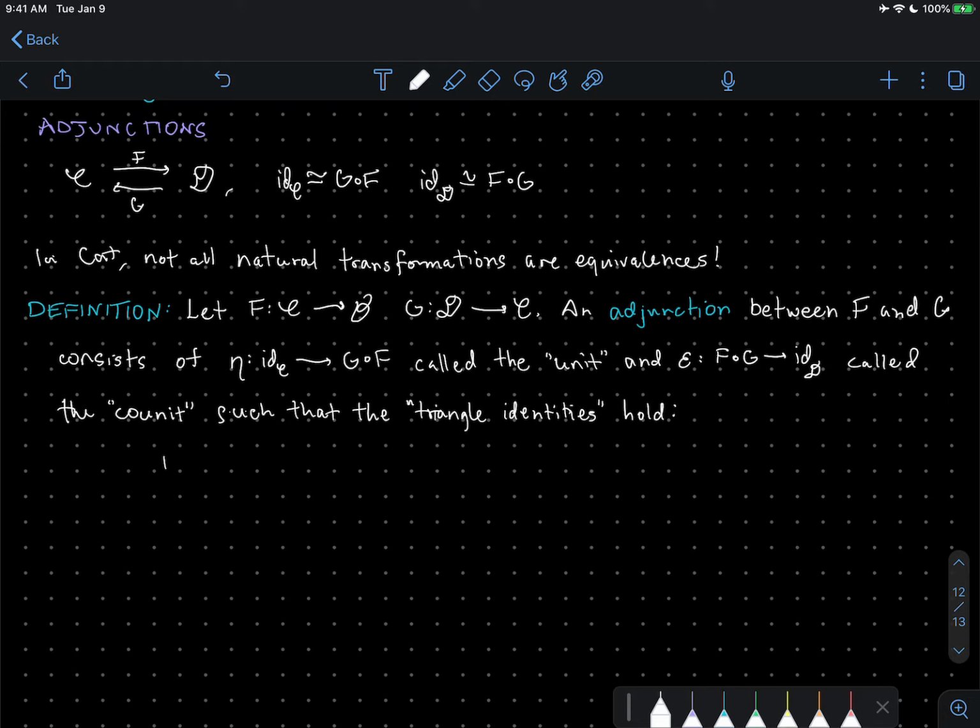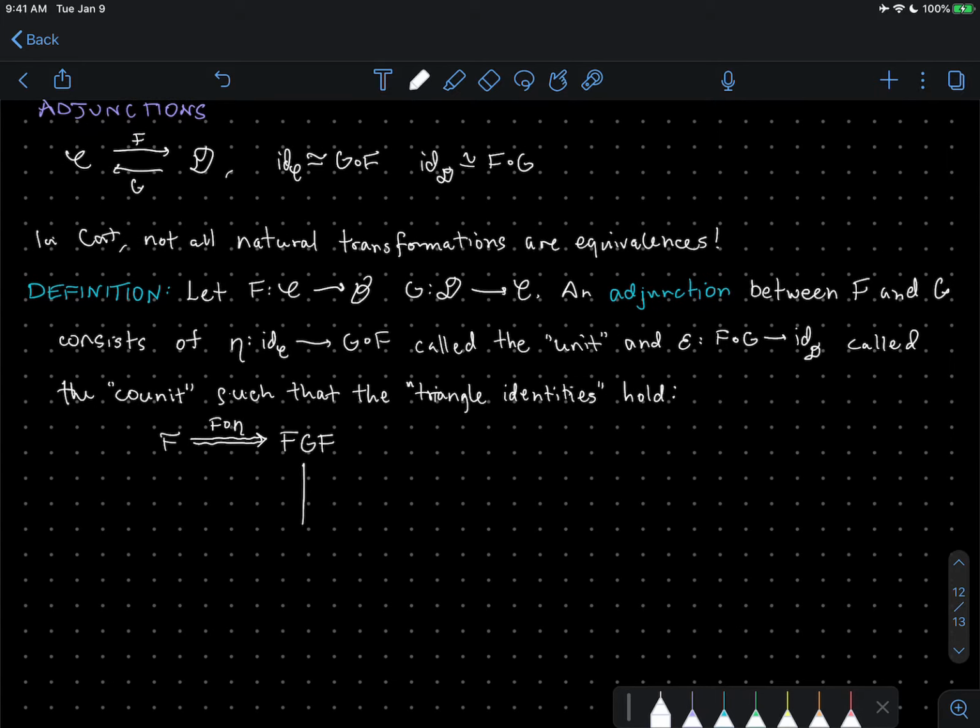So first we can start with our functor F, and by precomposing with the unit we can get over to FGF. And so this is via the natural transformation that I'll call F composed with eta.